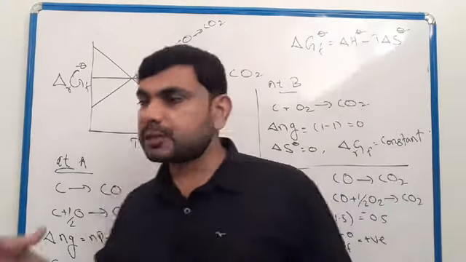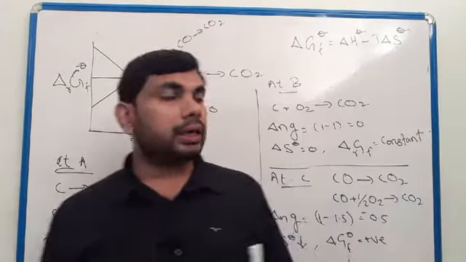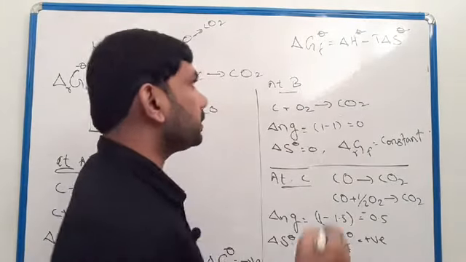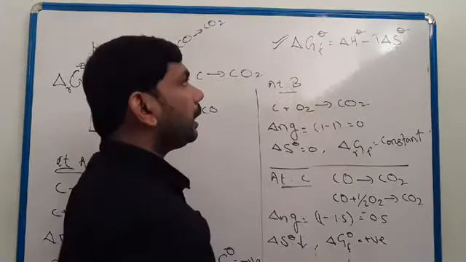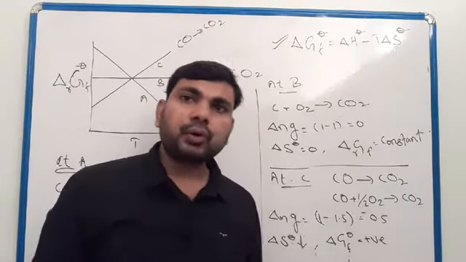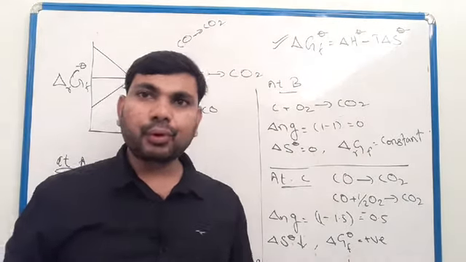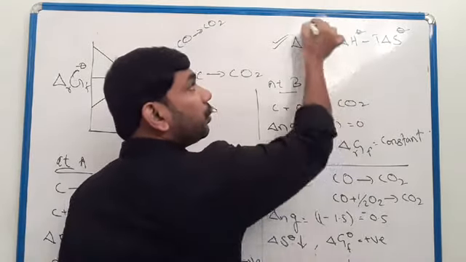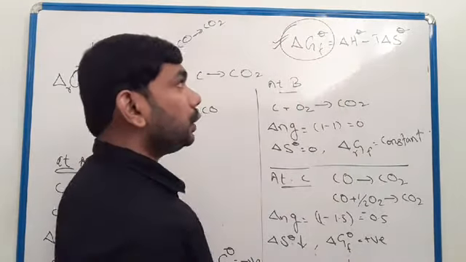Okay, before I explain about this, look here, this is the Gibbs free energy equation. And here I told you before, delta G negative for a spontaneous reaction.